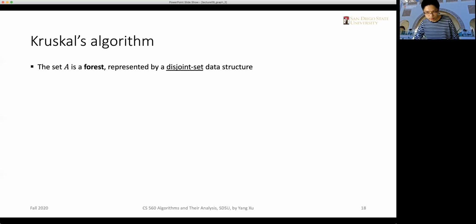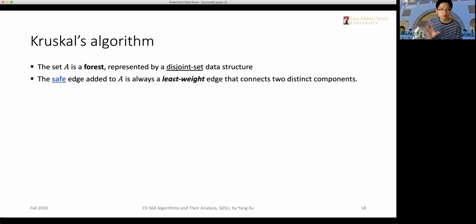Okay, so I think we will spend some time on looking at this disjoint-set data structure first. It's a data structure that can be used to represent a forest of components. Okay, so if we use disjoint-set, then the safe edge added to A is always a least weight edge that connects two distinct components.